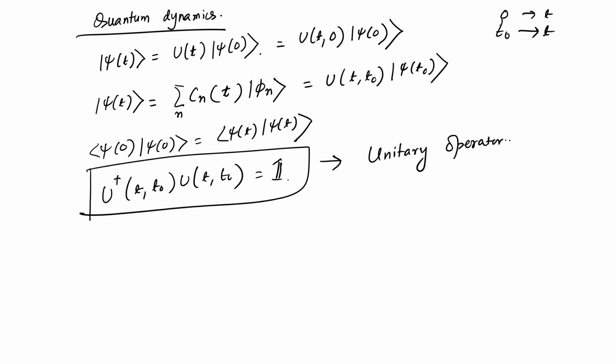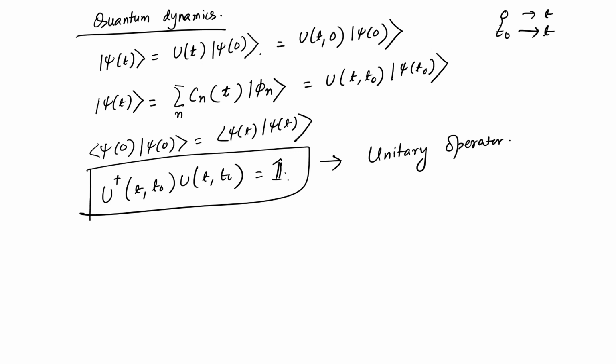And this tells you that the time evolution operator is a unitary operator, where you have considered that psi at a later time t can be obtained from psi at an earlier time, either at t equal to 0 or t equal to some t0, by operating with an operator U of t, t0, where U is a unitary operator with the form U dagger U equal to 1. Okay.